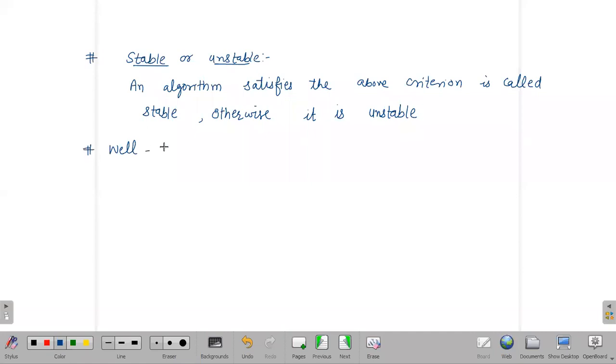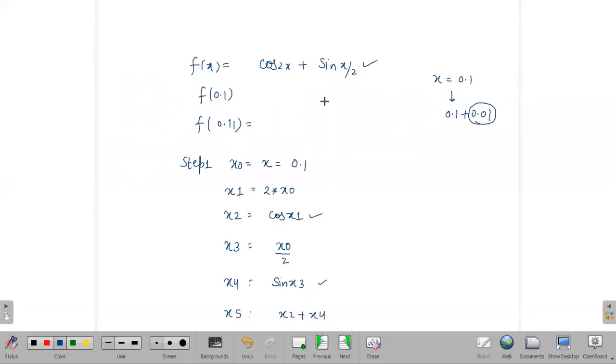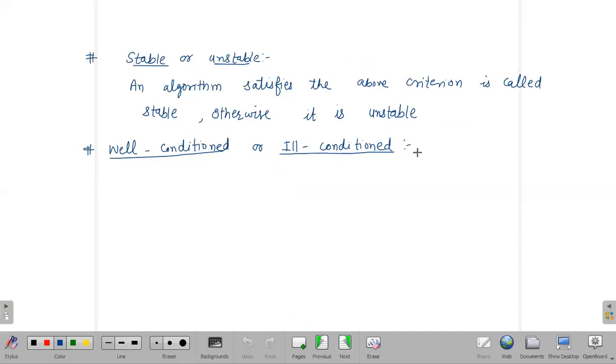So there is another term here, that is well conditioned and ill conditioned. If I'm writing any algorithm that is associated with this problem, suppose this is a mathematical problem and you have written the algorithm for this, the well conditioned is a term which is associated with the problem actually.